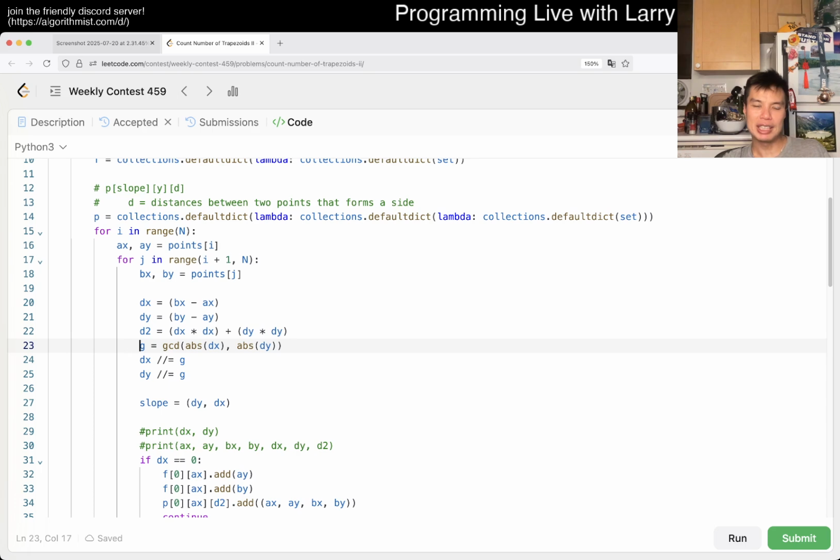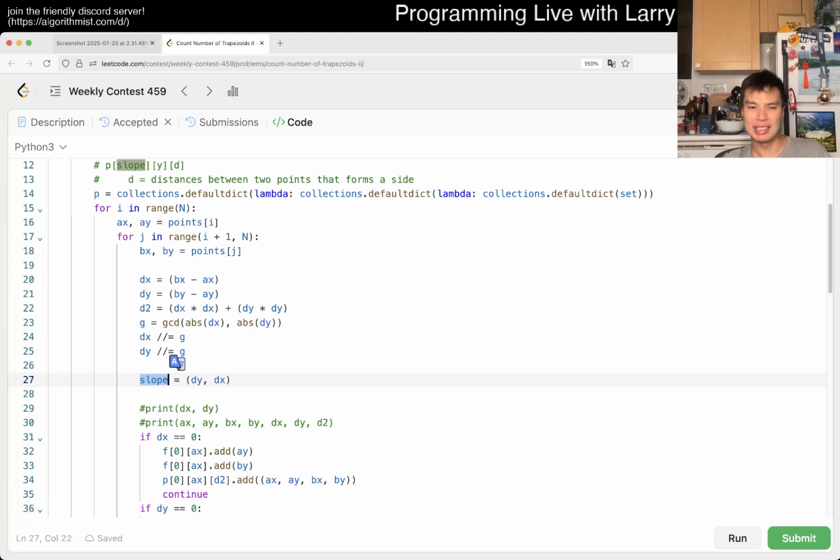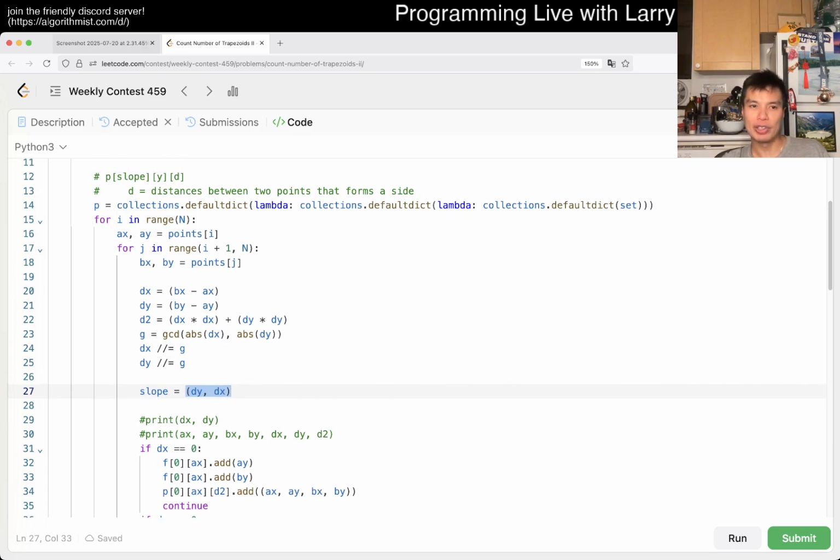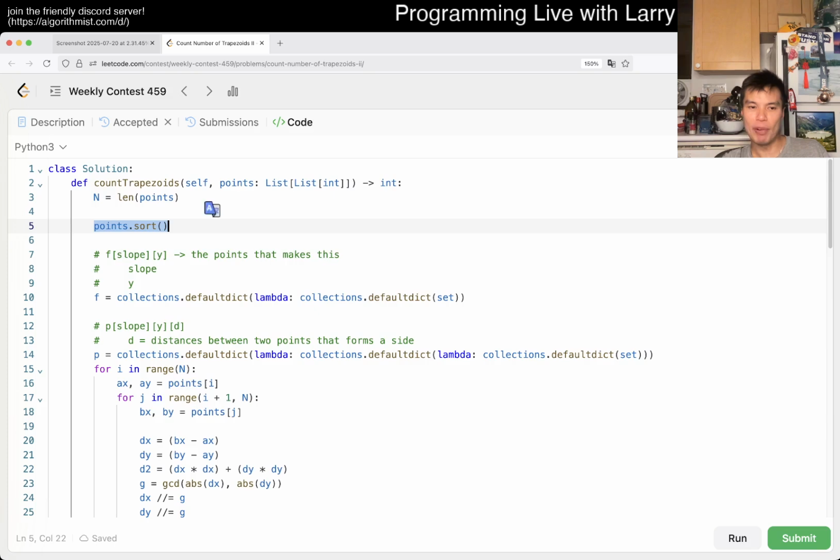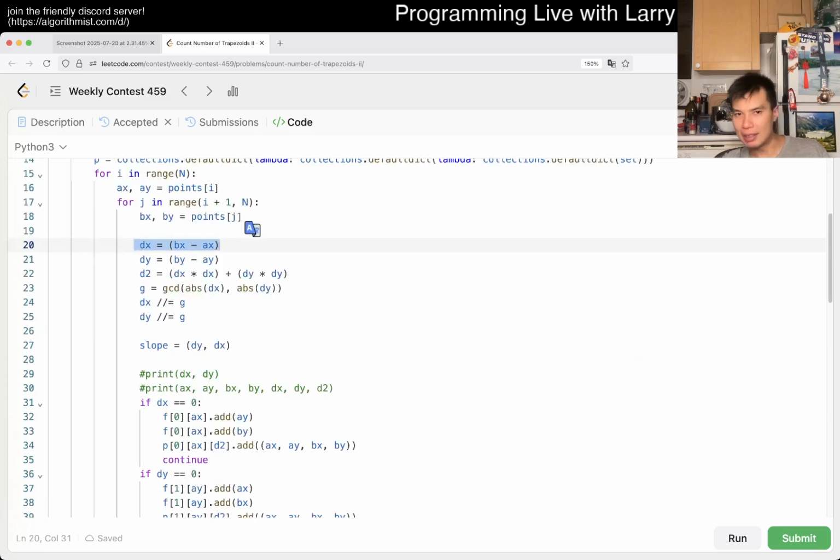We have the G for GCD. The reason why I have a GCD is just so that the slope is, in a way, normalized. Because we sort the points, dx will always be positive or 0, non-negative I suppose, and dy can be anything.